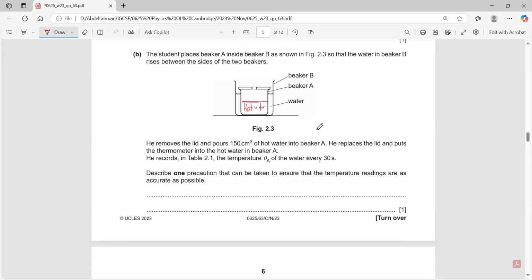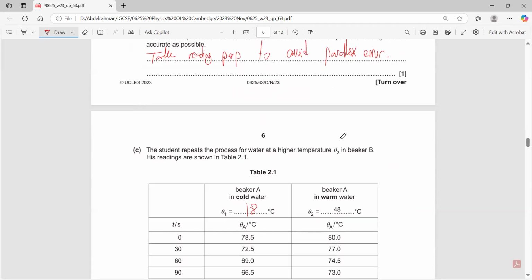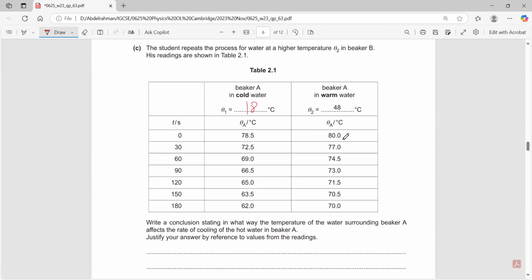Describe one precaution. Take the reading perpendicularly to avoid the parallax error. And then we have the table, 18 degrees Celsius, 48 degrees Celsius.